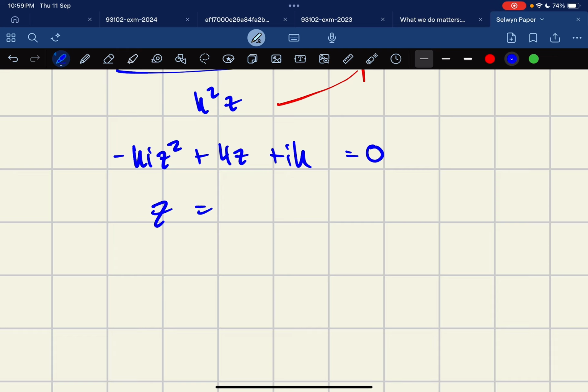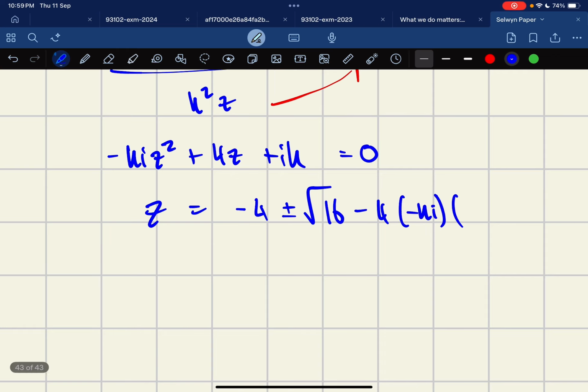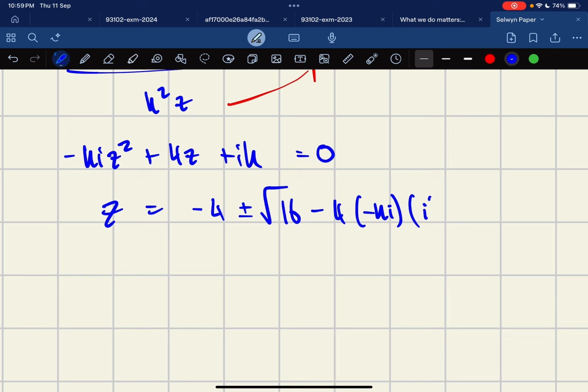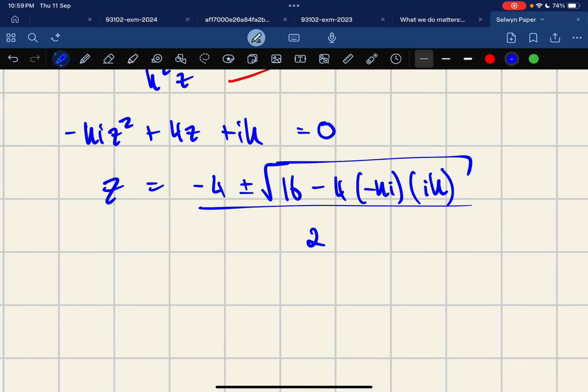z is equal to negative b, which is negative 4, plus minus the square root of b squared, which is 16, minus 4 times a, which is negative ki, times c, which is ik, over 2 times a, which is negative ki.